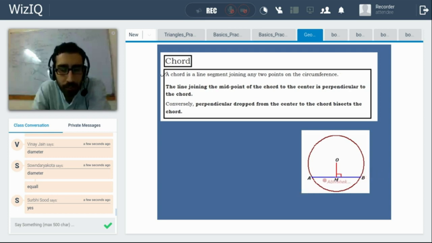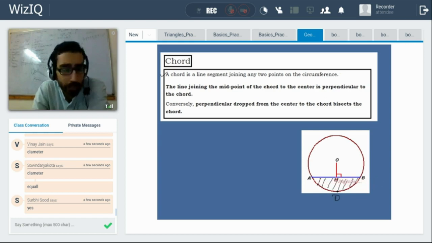Now, before I jump and explain about different properties of a chord, this is what a segment is. I haven't defined a segment yet. Let me define a segment. This is a segment. Let me just take this point to be say D. ADBM, this portion, the shaded portion, is a segment.